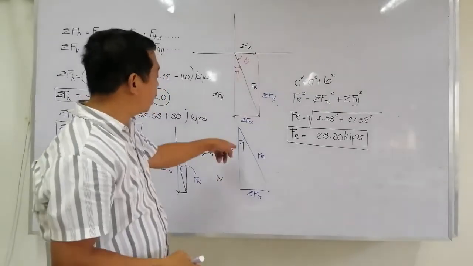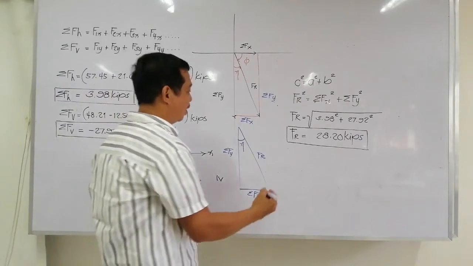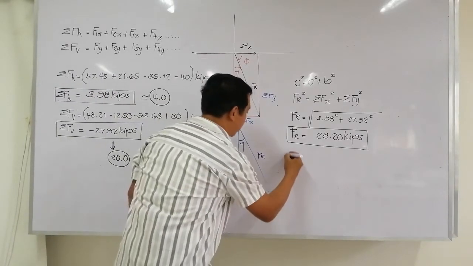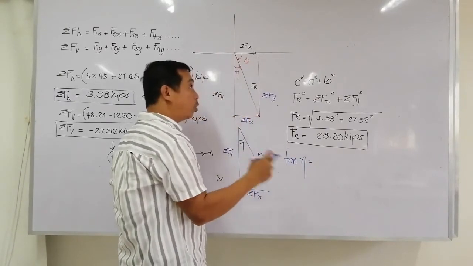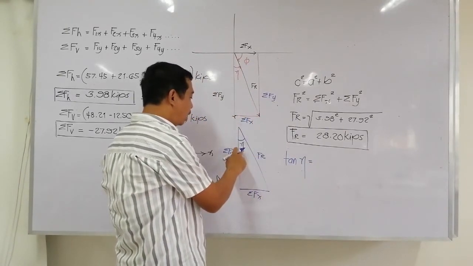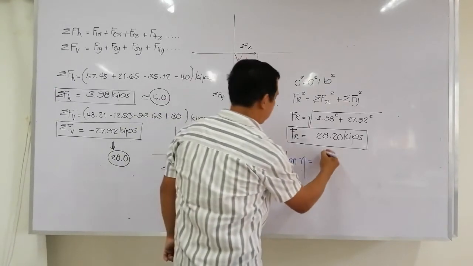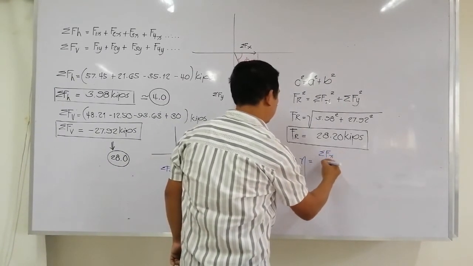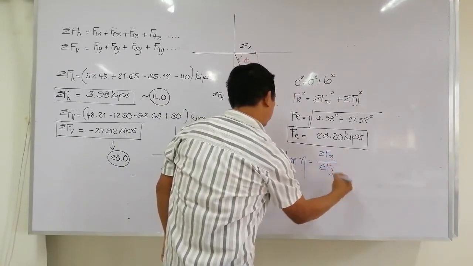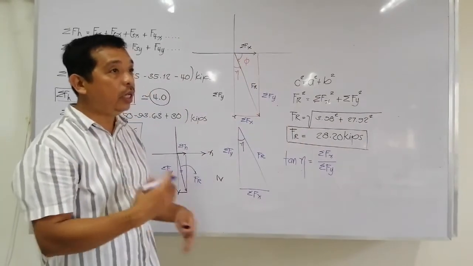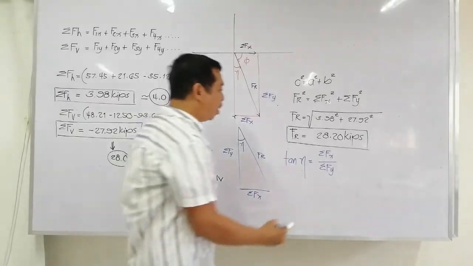And as for the angle that is eta, pwede natin siya makuha via tangent. Bakit? Because tangent eta is SOHCAHTOA. Tangent of the angle is equivalent to the ratio of the opposite summation forces x over summation forces y. Using the absolute values, notwithstanding yung mga signs, makuha natin yung eta.